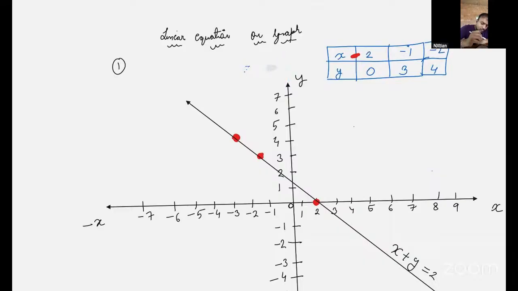I can't see it. Yeah, just give me a second. I'm writing x minus 2y is equals to minus 1. This is the equation. Now you guys have to make the graph.